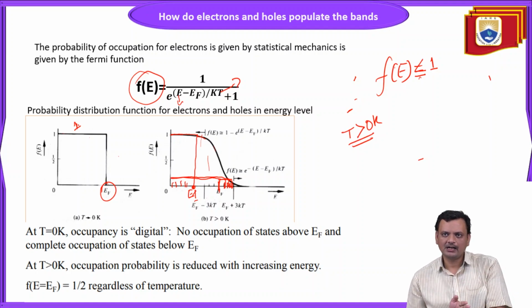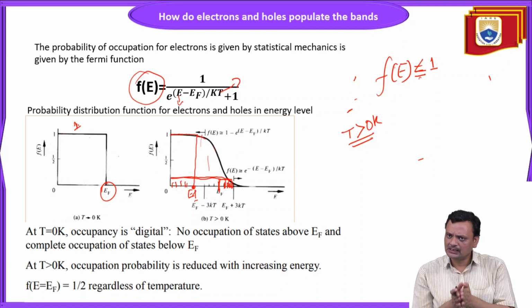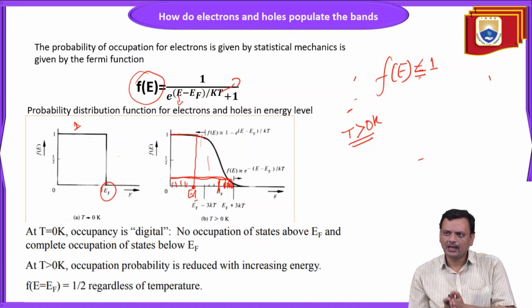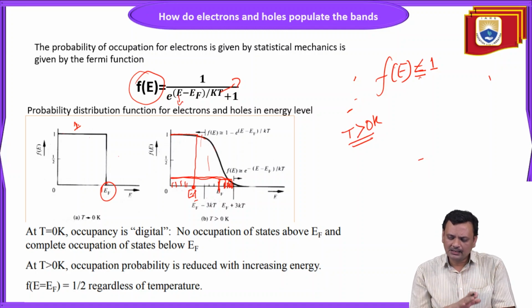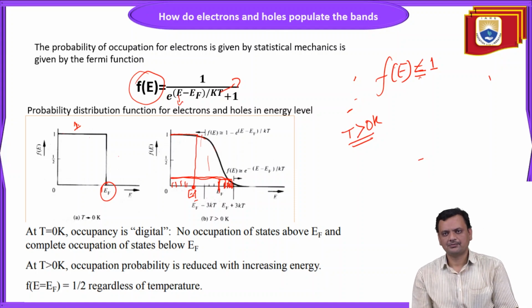There is a chance that some available energy levels in the valence band will remain unoccupied, and again some chance that some energy levels in the conduction band will be occupied at higher temperature, but that chance is very, very small. So that is the effect of temperature, and how the Fermi function, or probability of occupation function, behaves with temperature.